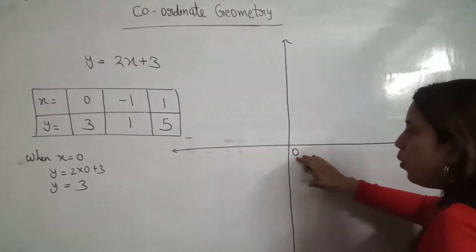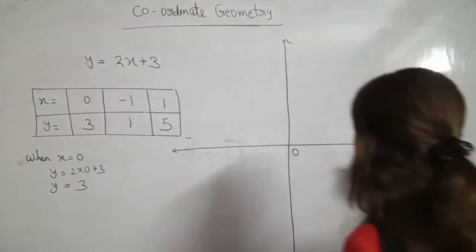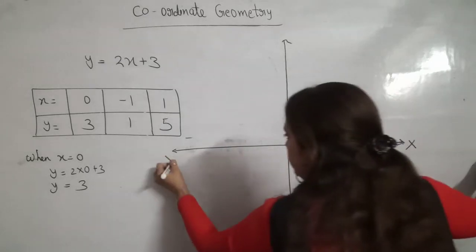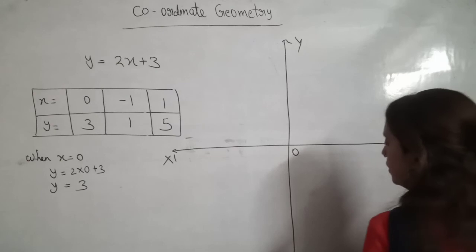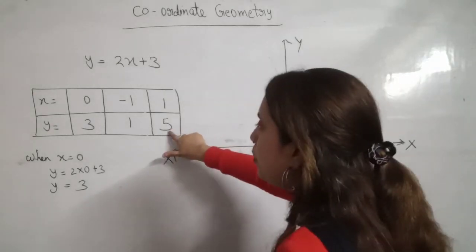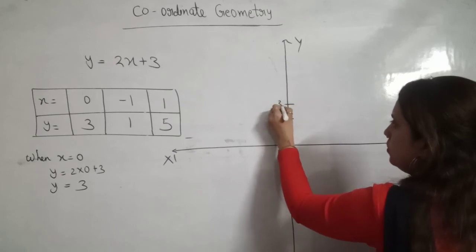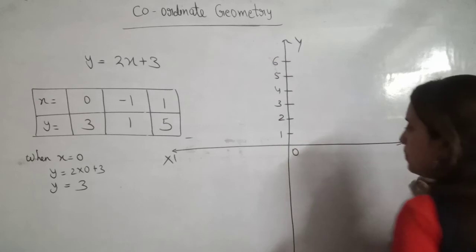That is the point O, the origin, and the coordinate of the origin is always 0, 0. Okay, and this is xOx dash, yOy dash. Now the maximum point is 5, so 1, 2, 3, 4, 5, 6.